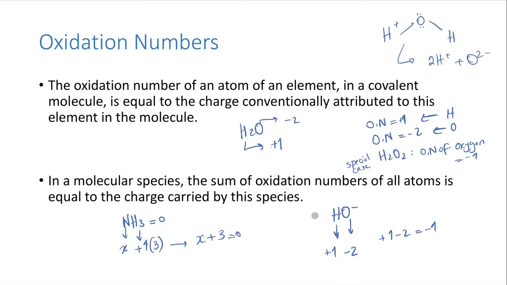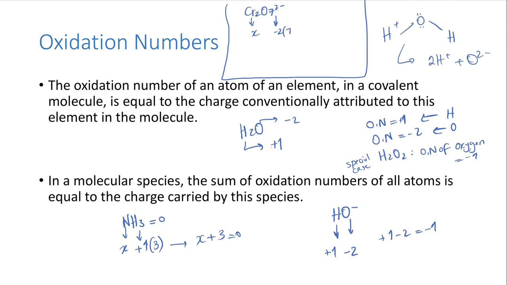I'm just going to give here an example of Cr2O7 2-. Here we have Cr2O7 2-. We have the negative charge, the 2- is for the whole chemical species. I don't know the oxidation number of Cr, so I'm going to call it X, but I know the oxidation number of oxygen is -2.